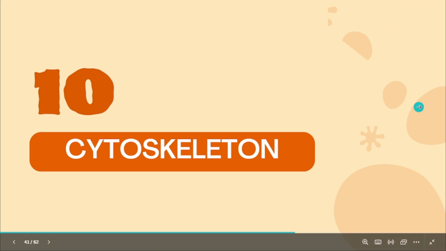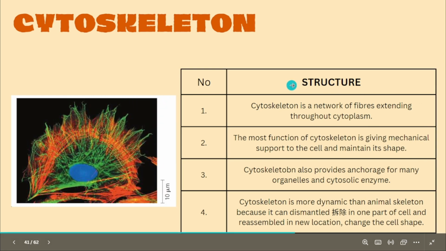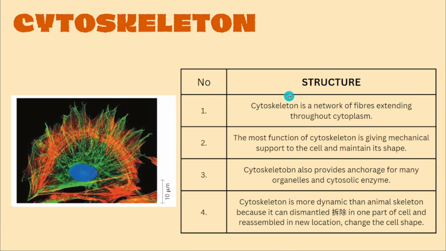Okay, so before we go into further detail of the cytoskeleton, now we go to the structure of the cytoskeleton. The cytoskeleton is, in short, like a bone to the cells. Meaning that our organelles that you learned before, like mitochondria, ribosome, nucleus, all that, why can they stay in the cells?